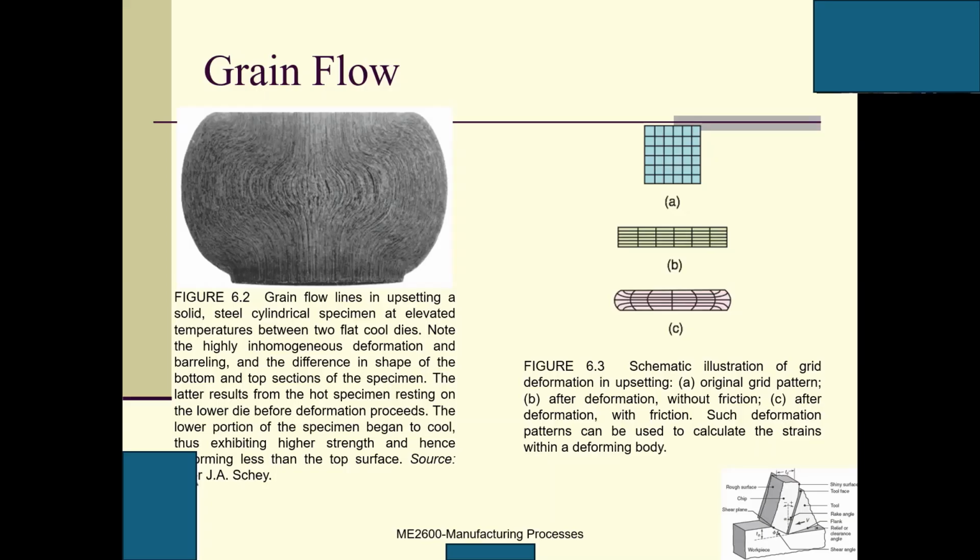Note the highly inhomogeneous deformation and the barreling, and the difference in shape of the bottom and top. The latter results from the hot specimen resting on the lower die before deformation proceeds. The lower portion of the specimen begins to cool, thus exhibiting higher strength and hence deforming less than the top surface.